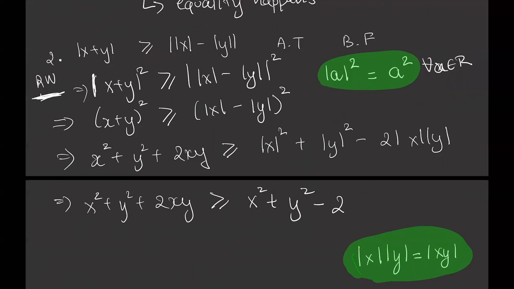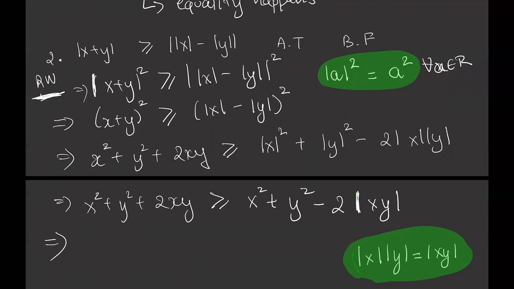So instead of absolute value of x times absolute value of y, I write it as absolute value of x times y. Okay.